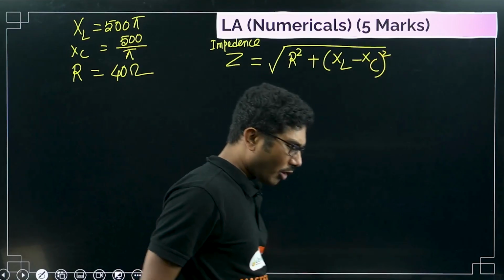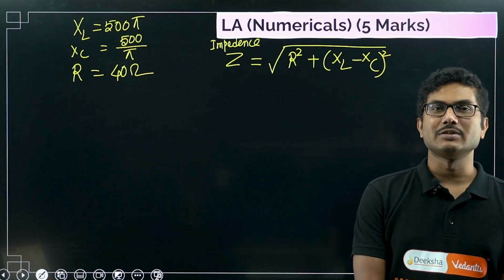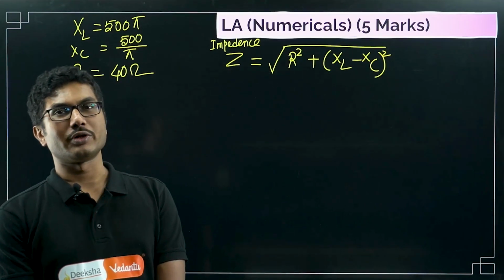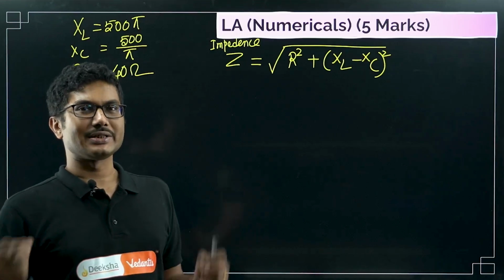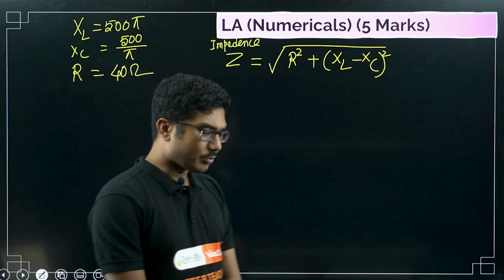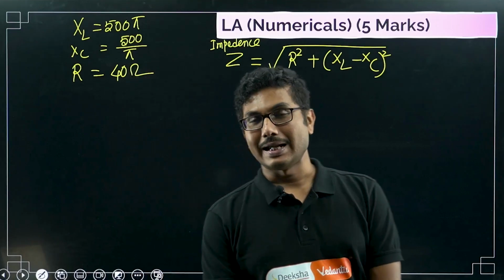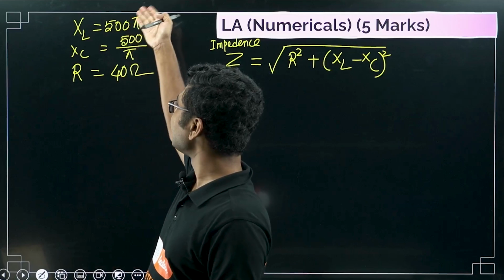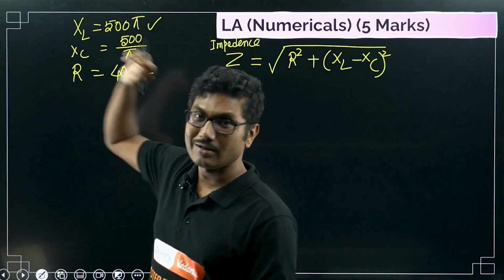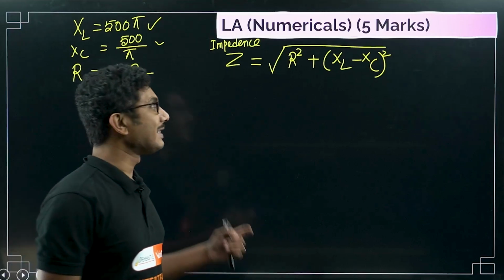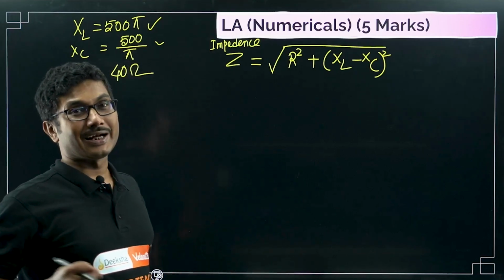Now in some problems you will find XL is more than XC, in some problems you will find XC is more than XL. They have some physical significance. For example, if XL is more, the circuit is said to be inductive. If XC is more, the circuit is said to be capacitive. In this case 500 pi is definitely more than 500 divided by pi, so we can say that the circuit is inductive.